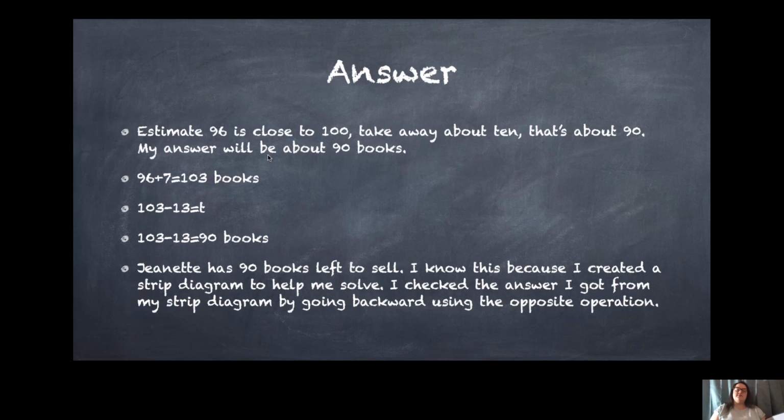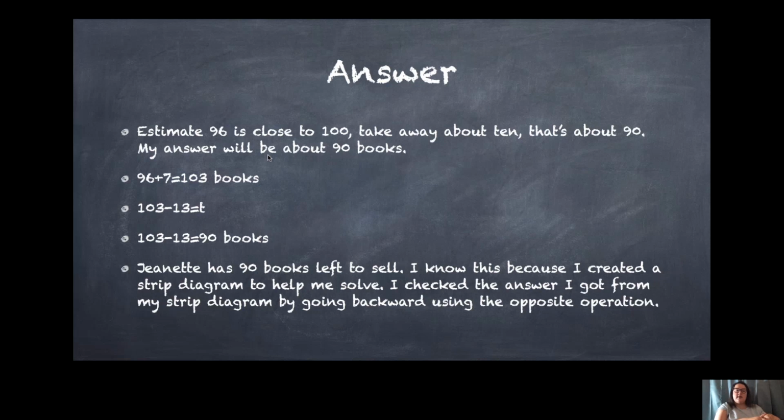Now here's our final answer. Remember, it has a lot of parts to it. Our estimate, 96 is close to 100. Take away about 10. That's about 90. My answer will be about 90 books. Was that true? It was spot on. 96 plus 7 is 103 books. 103 minus 13 equals t.